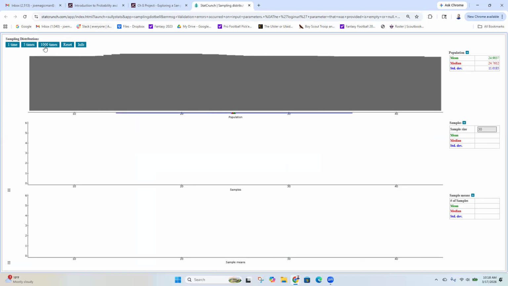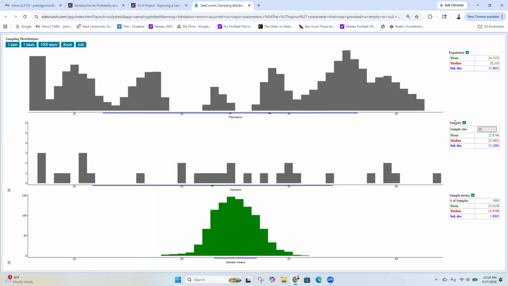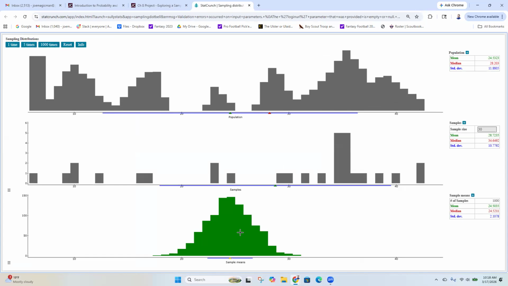If you run this 1,000 times, your sample distribution down here is still normal. You can make a roller coaster. Run this as long as your sample size is 30 or more. If you run this over and over and over, you end up with a normal distribution.